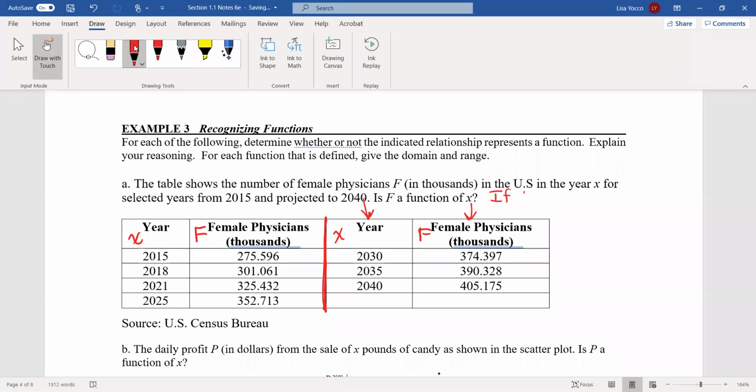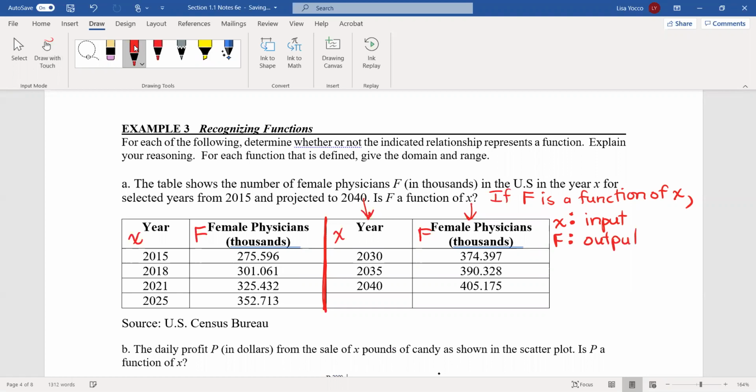If F is a function of X, X is the input and F is the output.